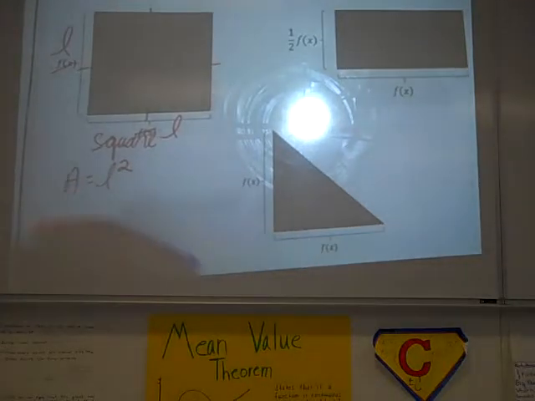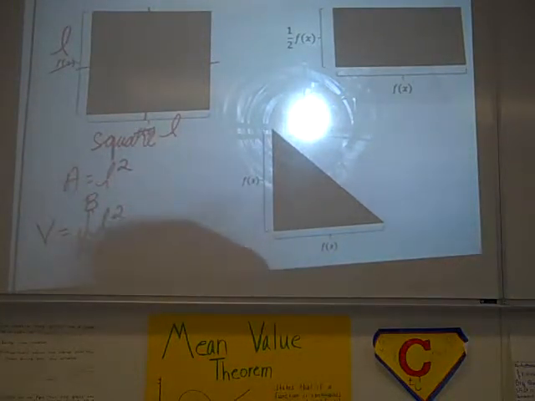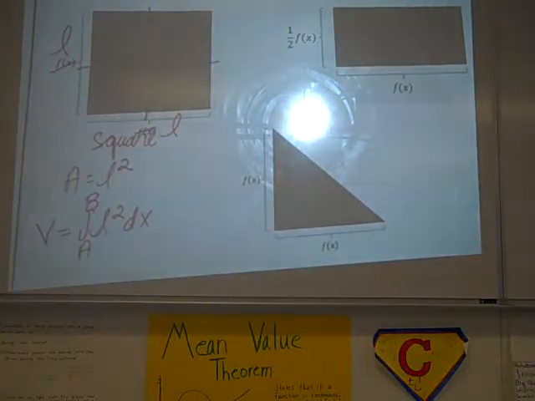So when I do a volume, when I'm doing my integration, it's going to be the volume from A to B, whatever my endpoints are, L squared, however long each base is, integrate it with respect to X or with respect to Y, depending on what the setup is, on how the slices are made.